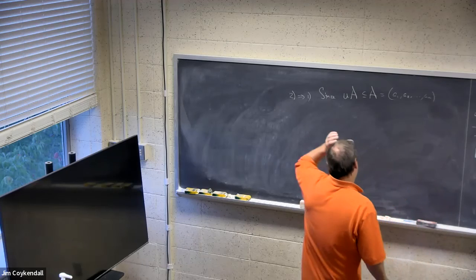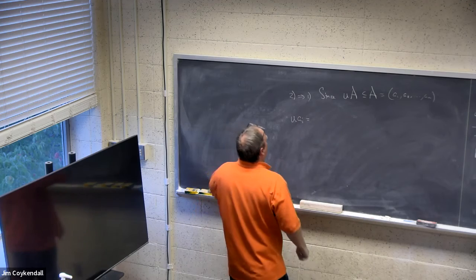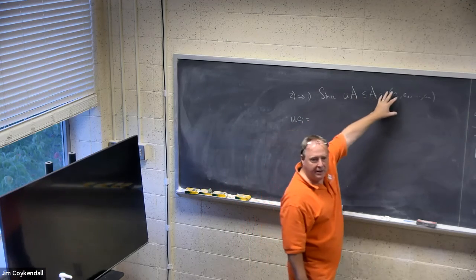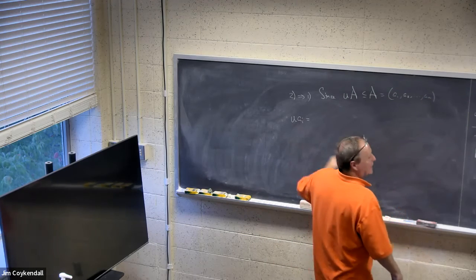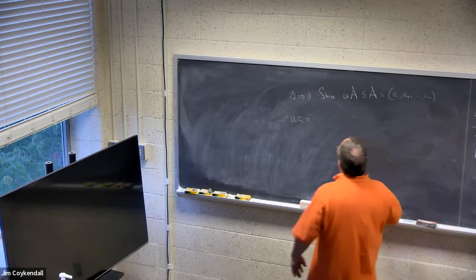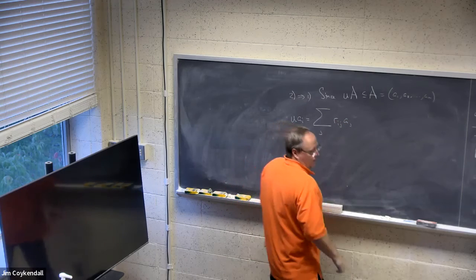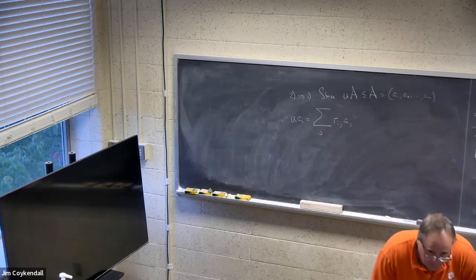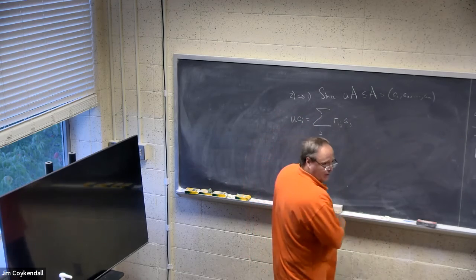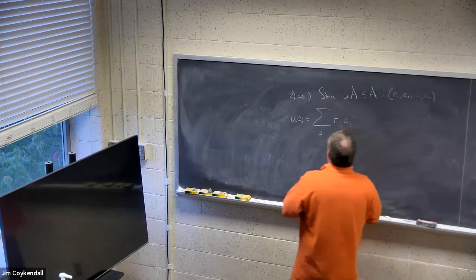What this means is if I multiply U by any of these generators, it has to be still in A. So U times any a_i is a sum of all the generators a_j, so I can write that this way, with coefficients r_ij. Everybody agree? And that's just its containment here, because any U times a_i must be a sum of those generators. And now I can write this in matrix form.